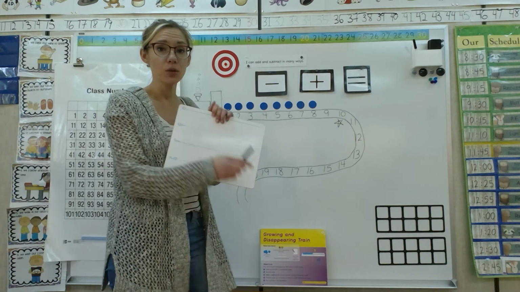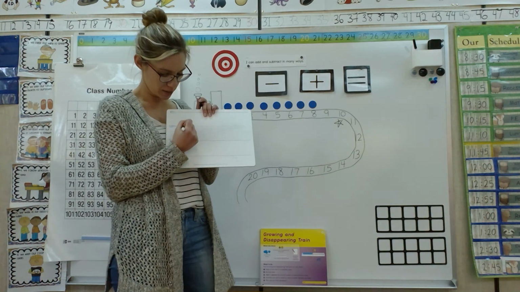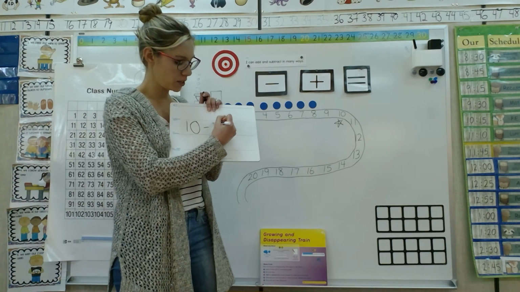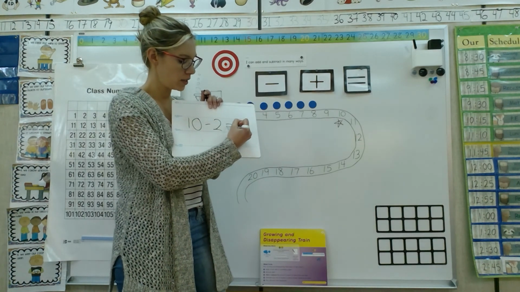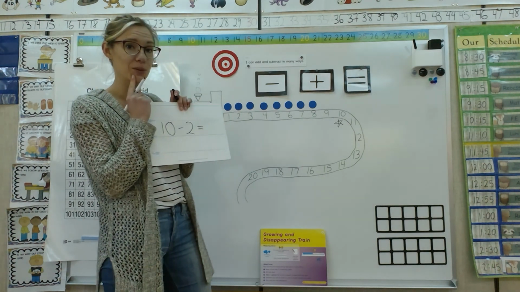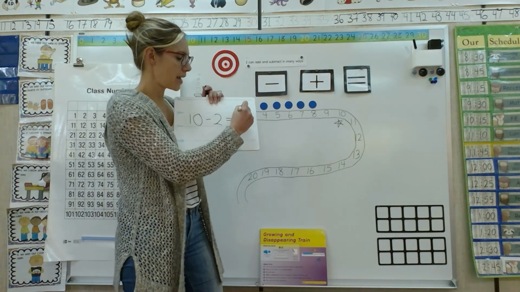Let's see, we started with what number? We started with 10. So 10 take away 2 is equal to, what do you think it's equal to? Right, it's equal to 8.